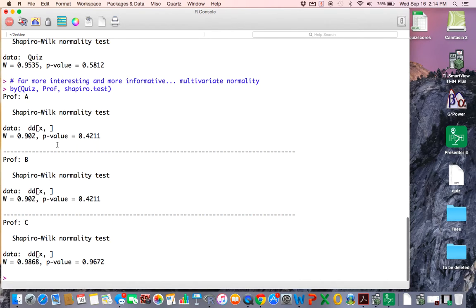So you can see that for each of these, the p-values are greater than 0.05, so we cannot reject the claim that this sample across each of the professors comes from a normal distribution. We don't get statistical significance, so we can go ahead and assume that we satisfy the assumption of multivariate normality.